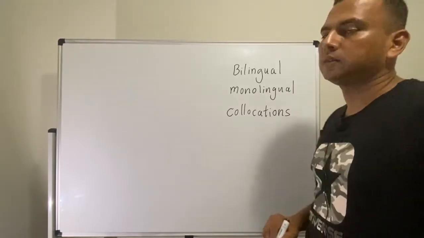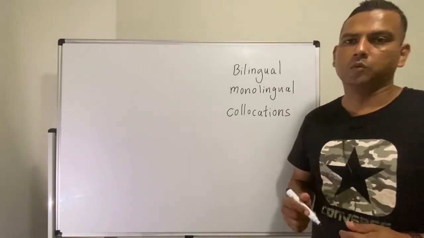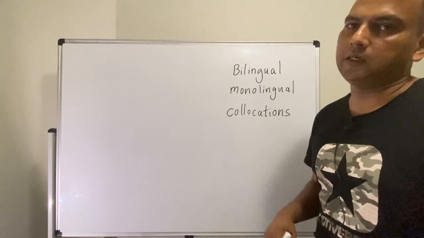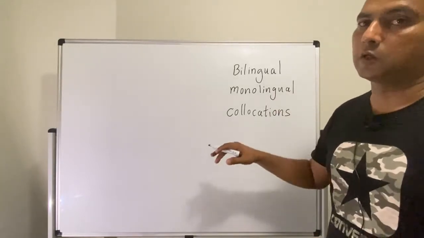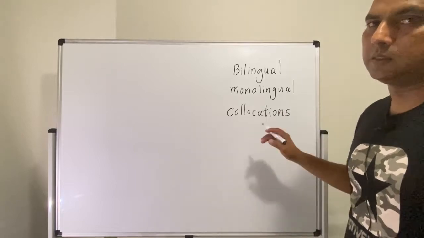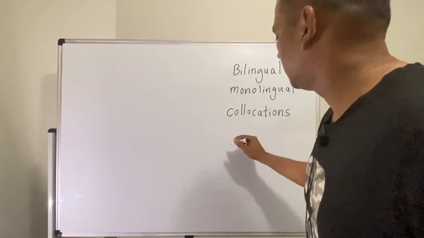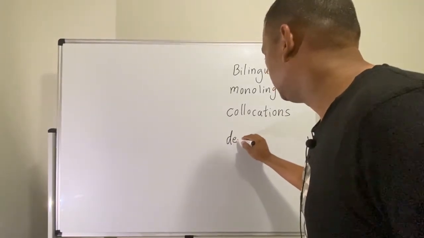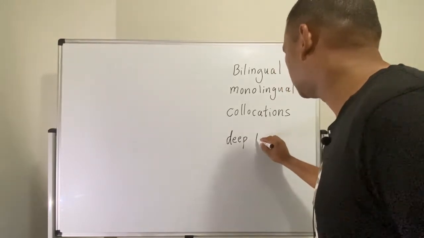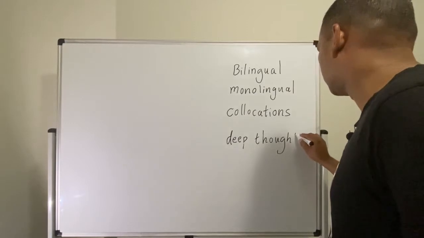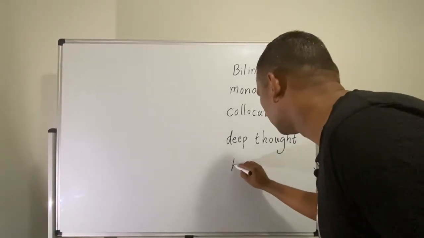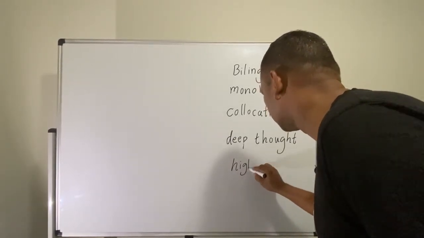Collocations are basically two or more words which are mostly used together. These words are closely associated with each other. For example, if you say a deep thought, you can say high place.